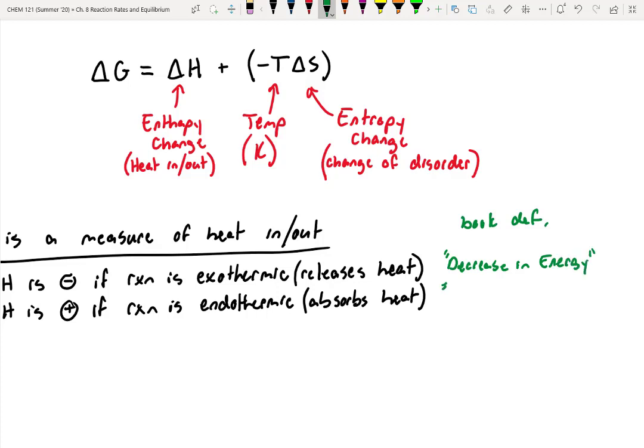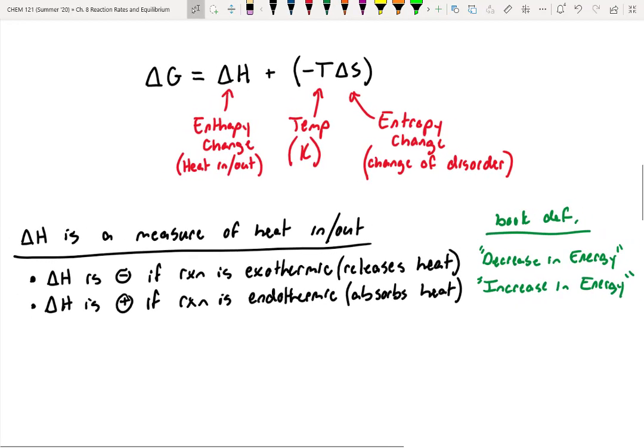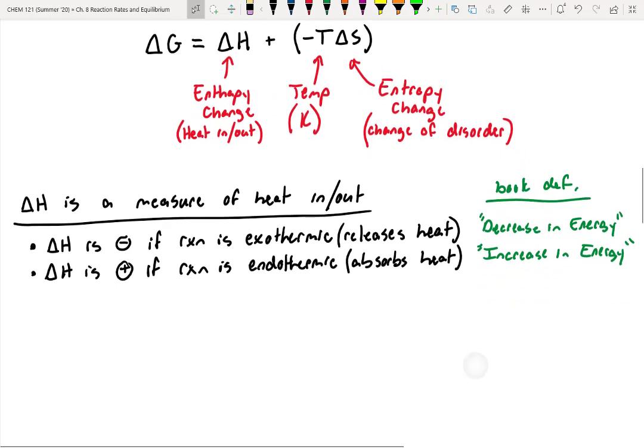All right, versus over here, if delta H is positive, this is the same thing as the book saying an increase in energy, meaning heat was put in. But like I said, it's my pet peeve because they're not really being clear about the energy here, right? So that leads us to our next point.